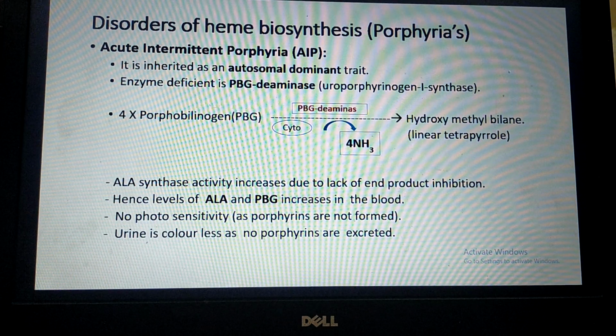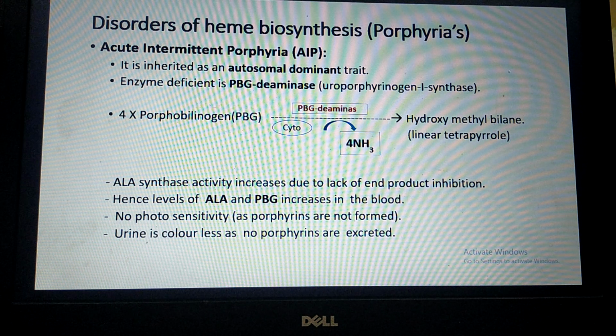So first is acute intermittent porphyria. It is a very important condition. It is an autosomal dominant trait. The enzyme deficiency is porphobilinogen deaminase, also called uroporphyrinogen 1 synthase.